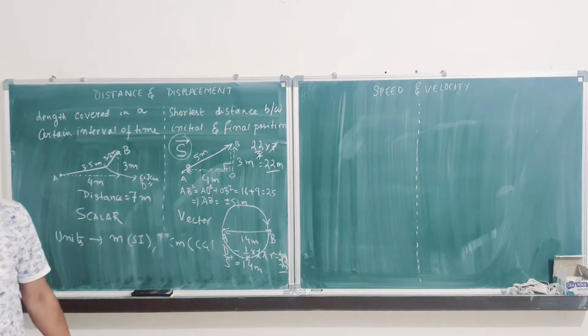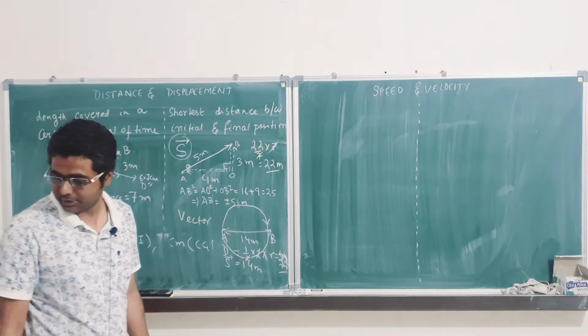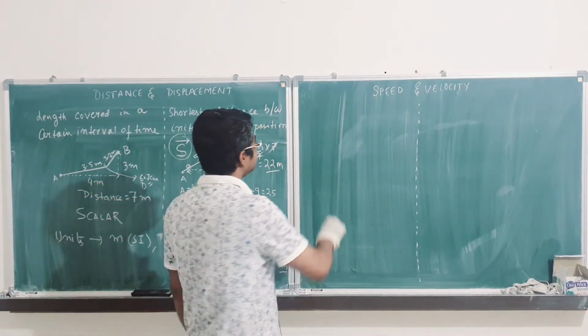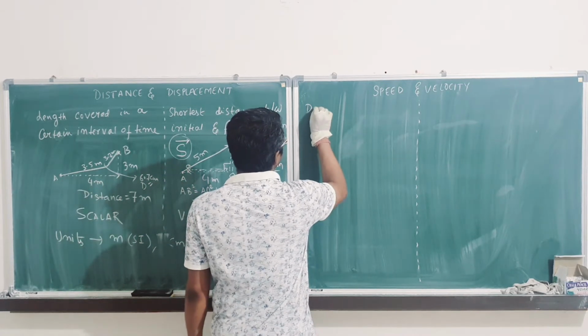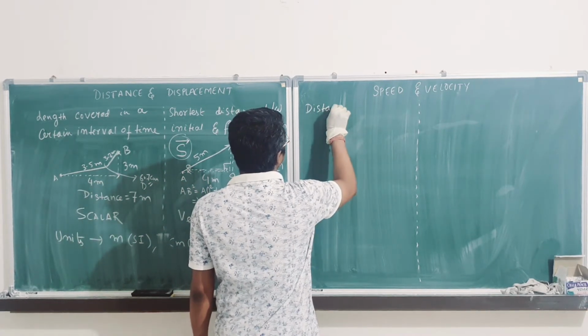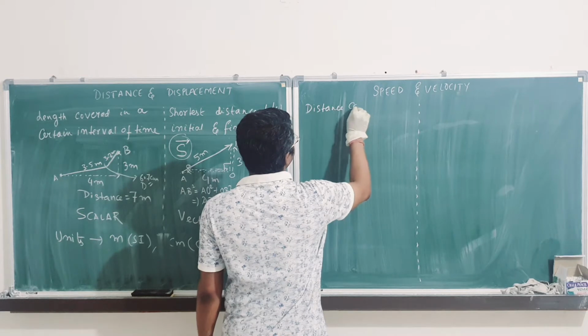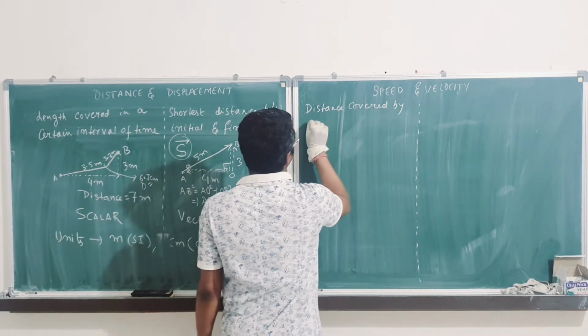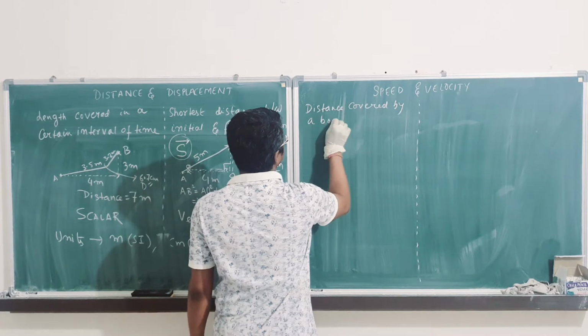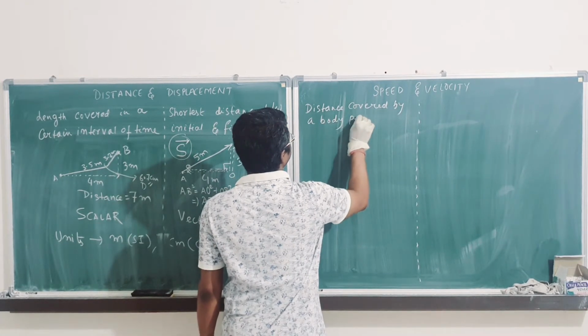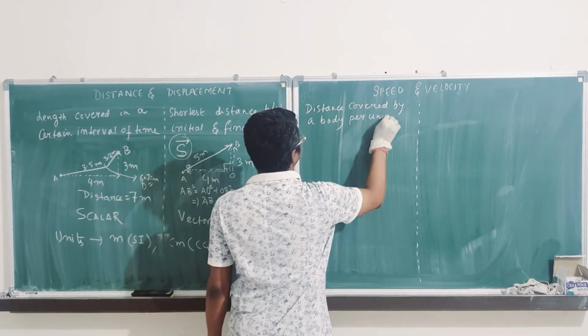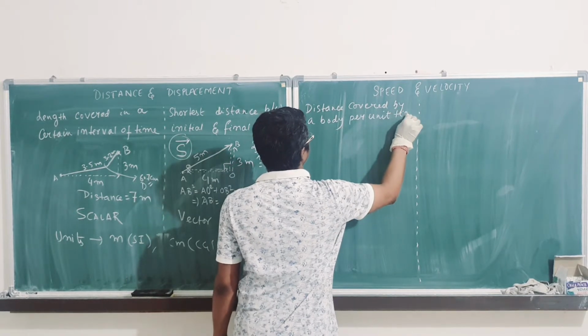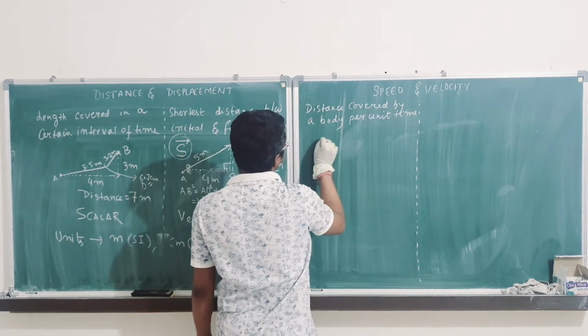We will talk about speed now. Okay? Speed is distance covered by a body per unit time. Speed can be denoted as s.